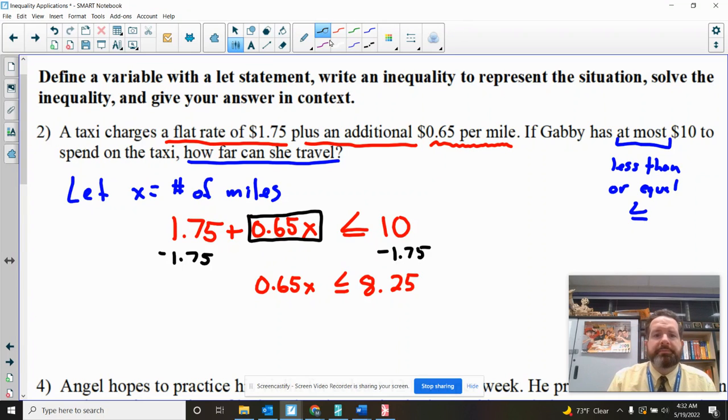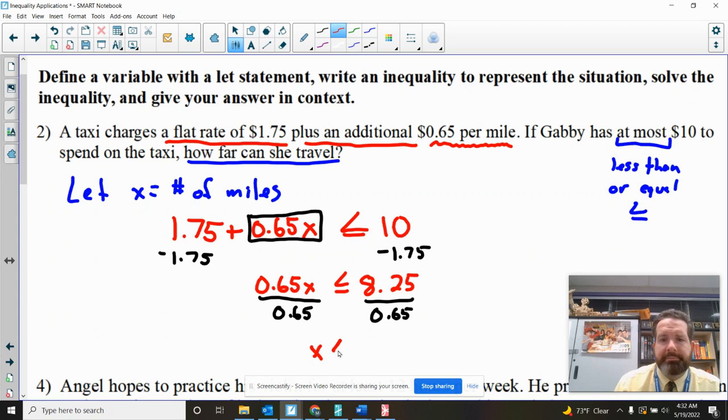And then to finish, it's currently 0.65 times the x. To undo a times, we're going to divide by that 0.65. So those reduce away. We're left with just the x. Those reduce to a 1. And then over here, 8.25 divided by 0.65.